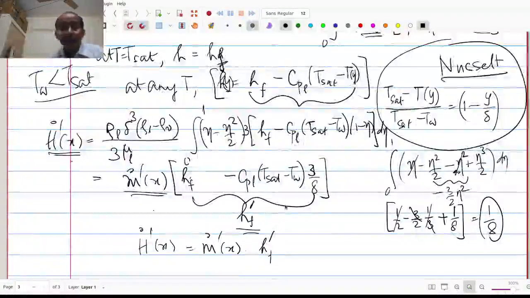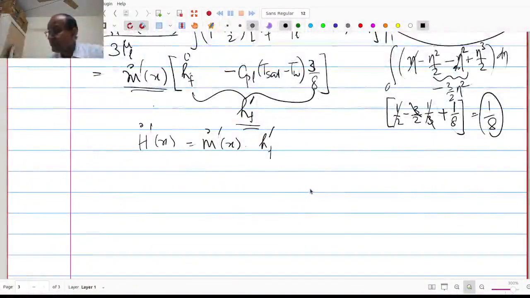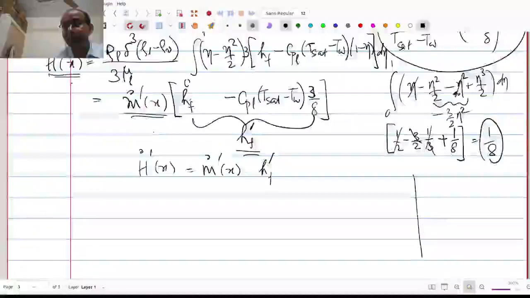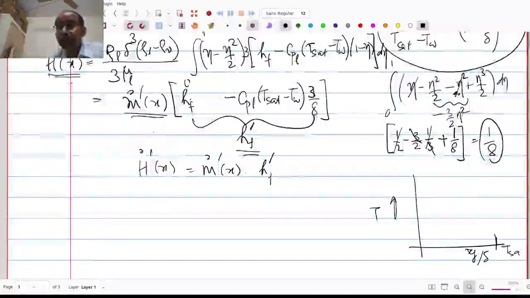Okay. So now, if I want to get the value of delta from the overall energy balance and mass balance, we'll be able to say that if I have a straight line profile of temperature from Twall, so if I say this is the temperature axis and this is the y-axis, and this is the y by delta axis, and y by delta equal to 1 here, at y by delta equal to 1, temperature is Tsat, and at the wall it is Twall.